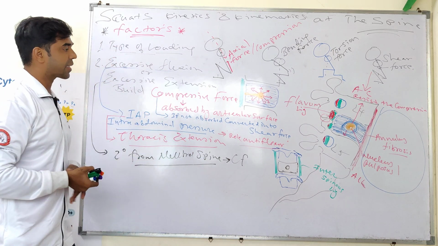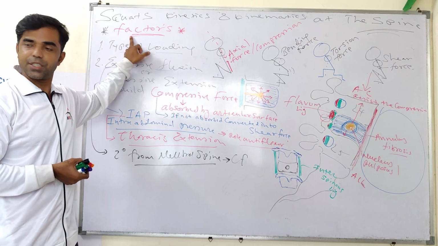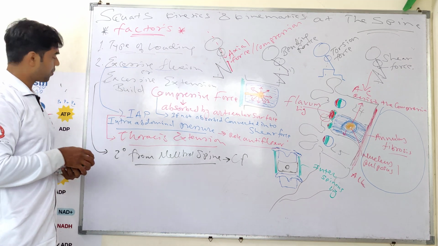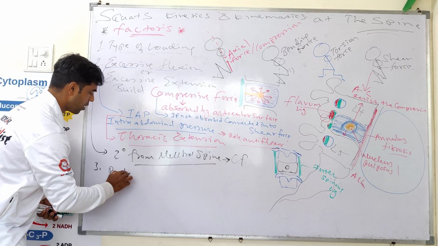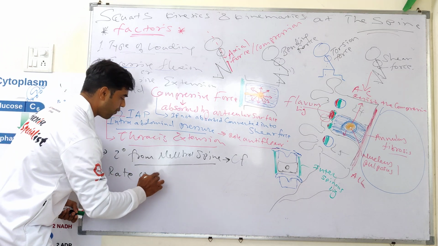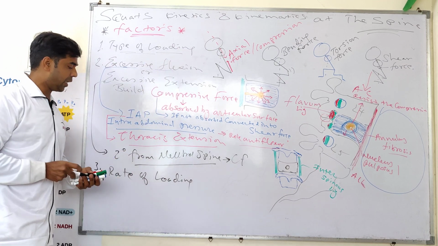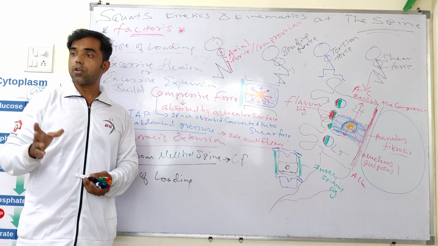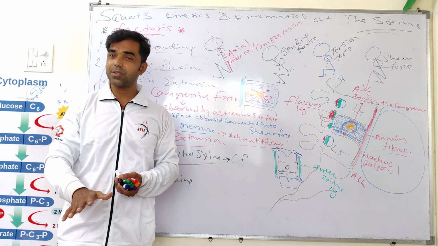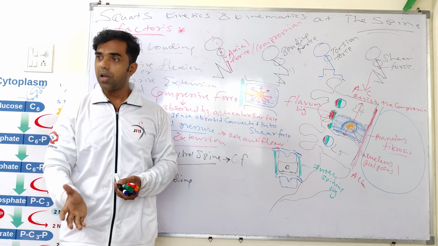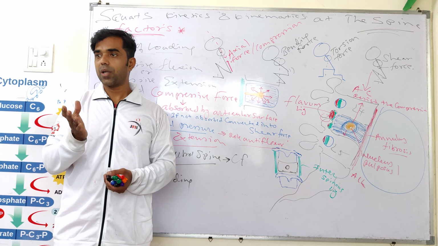Now, what else can we study among the factors we need to take into consideration? The rate of loading. We have understood the type of loading. Let's understand the rate of loading. Some clients may tend to go faster in one phase of the squat, and in the other phase they tend to come up slowly, right?